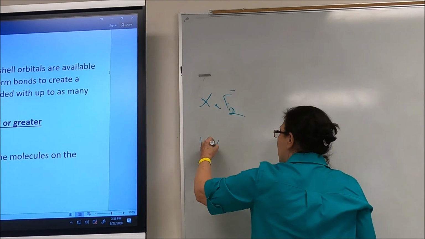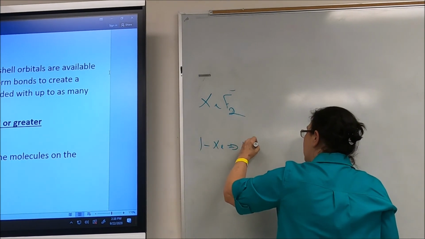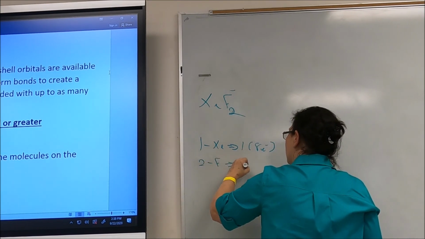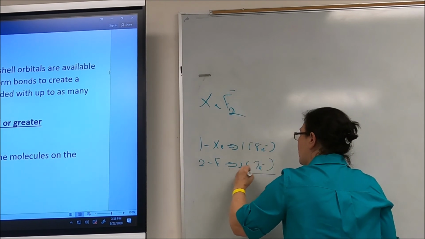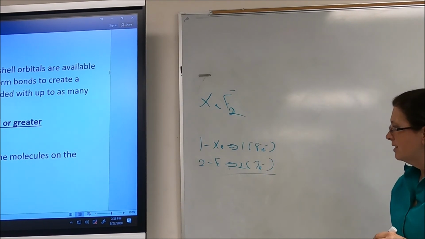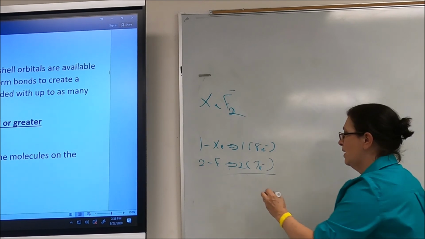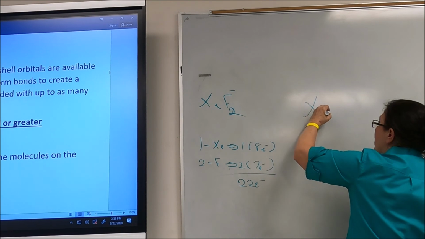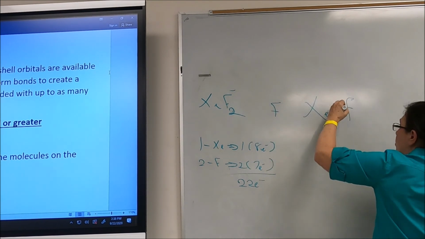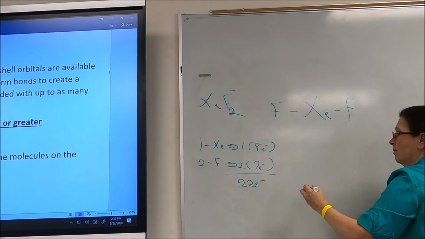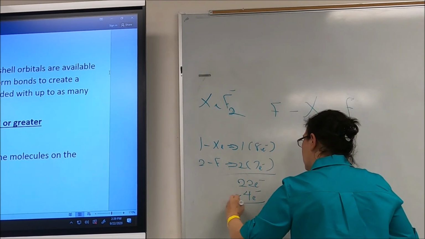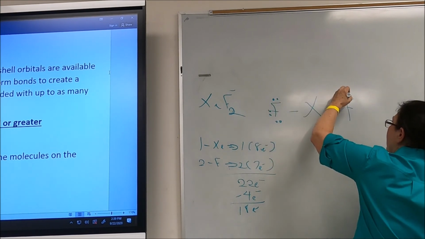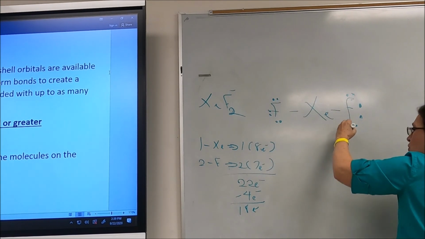Okay, so we have one xenon at 8 electrons. We have 2 fluorines at 7 electrons apiece. So 2 times 7 is 14. So that's 22 electrons. Okay, xenon's going to go in the middle. Fluorine, fluorine. 2, 4. So that's 18. 2, 4, 6, 8, 10, 12.